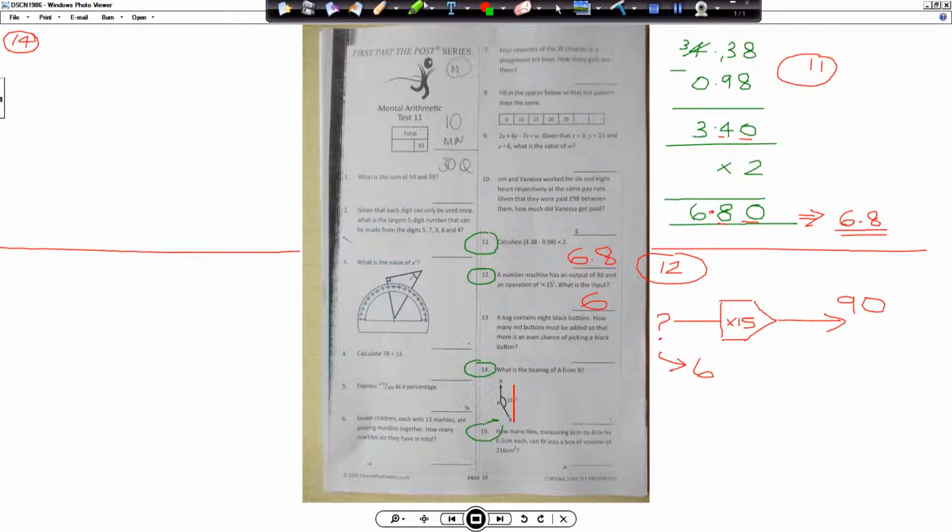So when you want to look at the bearing of A from B, we start at B and we have to measure this angle here. We need to know what the angle all around here is. Now, if I carry this line on straight down here, the top one is 135.